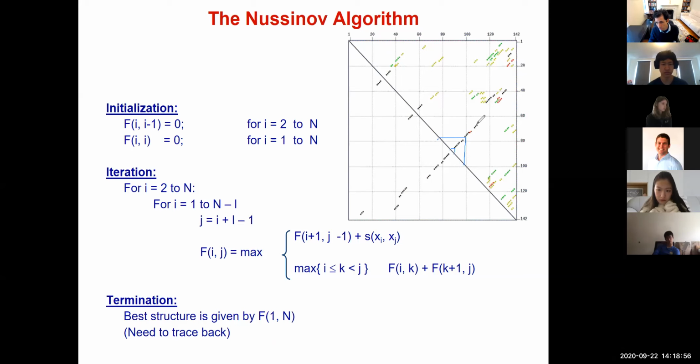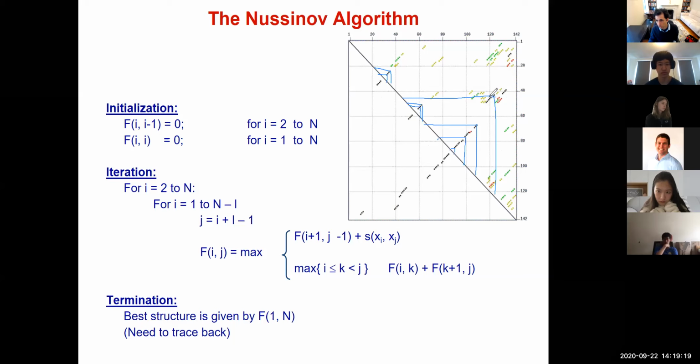And that will tell me the score from that position here to that position here. Similarly, these things here correspond to the scores of these sub-pairings, and so on and so forth. Okay, so every one of these dots corresponds to the pairing of the entire subsequence.